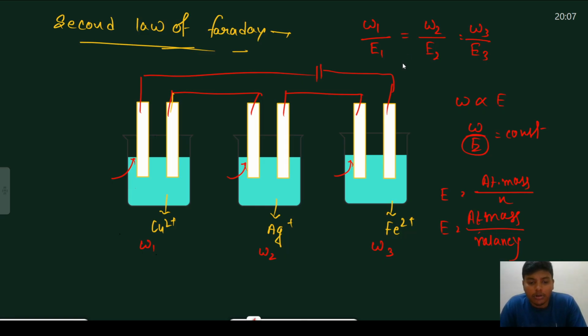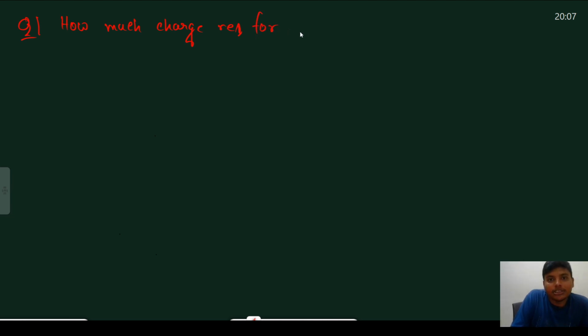Should I give one question? Yes. Tell. The question is: how much charge is required for reduction of 1 mole of Al3 plus to Al?